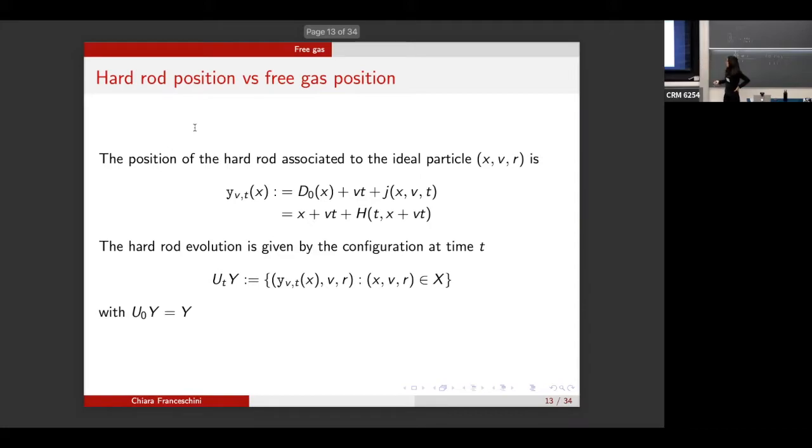And you have to take into account the flow, so the number of net lines which have crossed your original line. And so at time t, I denote by U_t y the configuration of the rods at time t, which is precisely given by the position y, same velocity, same length of the rod.